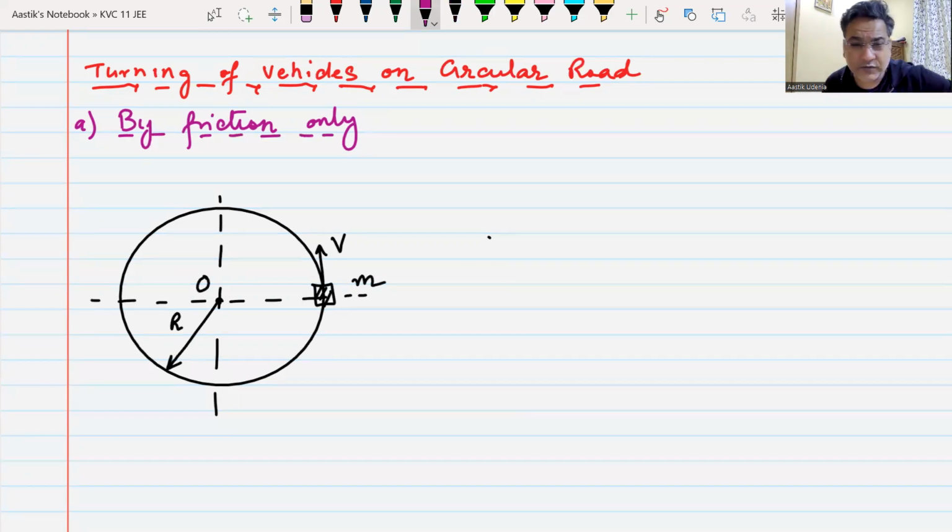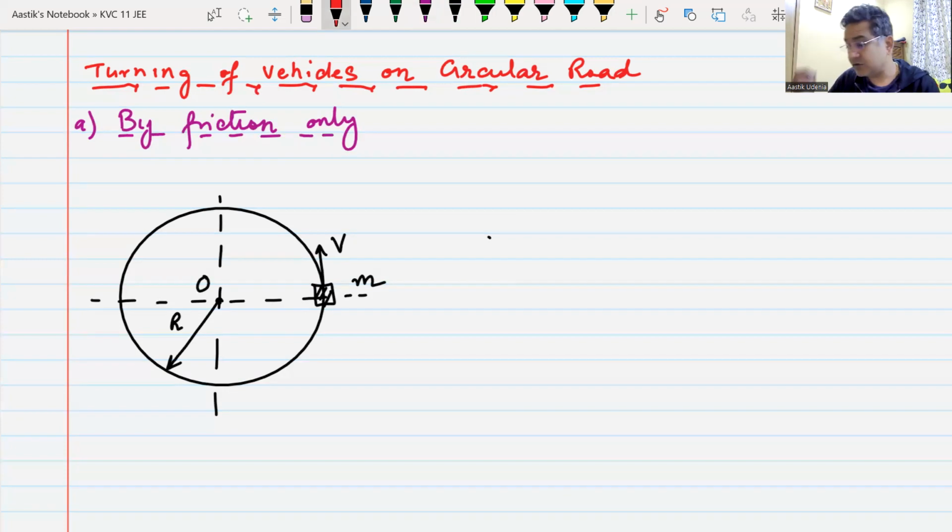So who is providing this car or vehicle with the centripetal force? Which force is providing it?